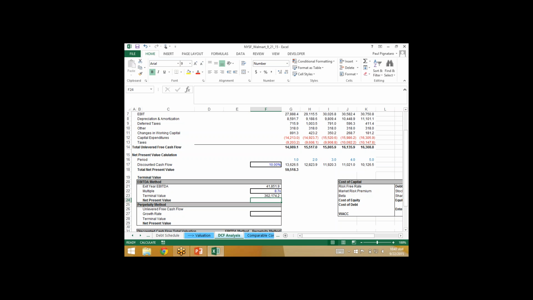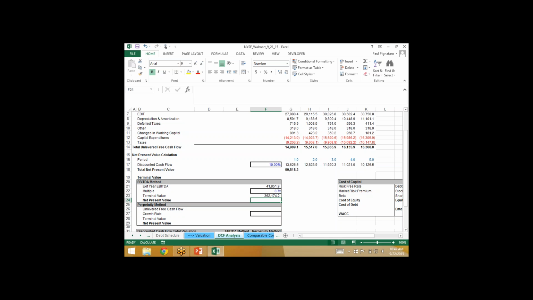The idea here is that the implication is we are selling this in one lump sum. We will get the cash in one lump sum. The point of switching to the mid-year convention, if you were to choose to do so, is the belief that this cash is not coming in at the end of the year. It's coming in slowly over time. Regardless of that, the idea of the EBITDA method or the multiple method is always you are selling the business in one lump sum, you're getting the cash in one lump sum.